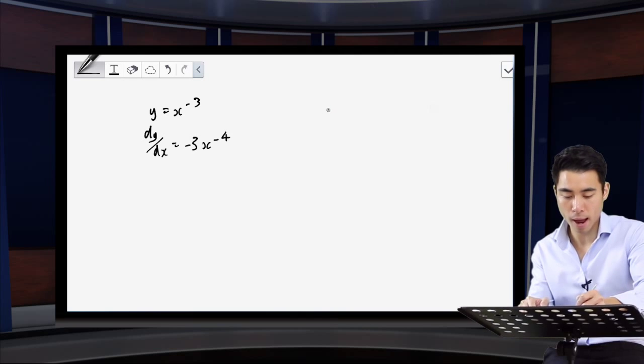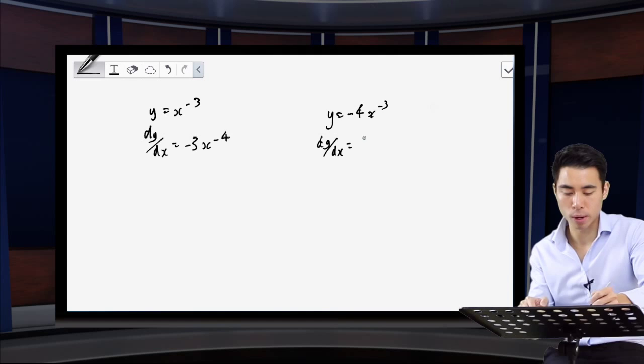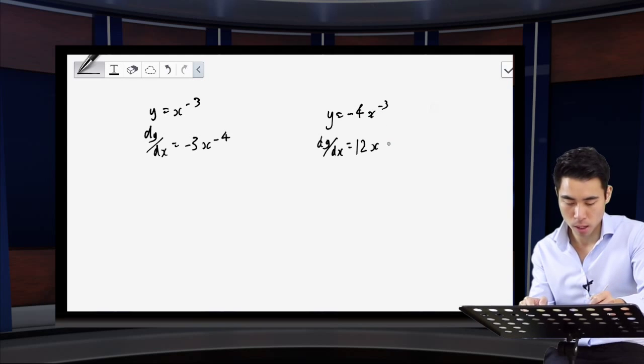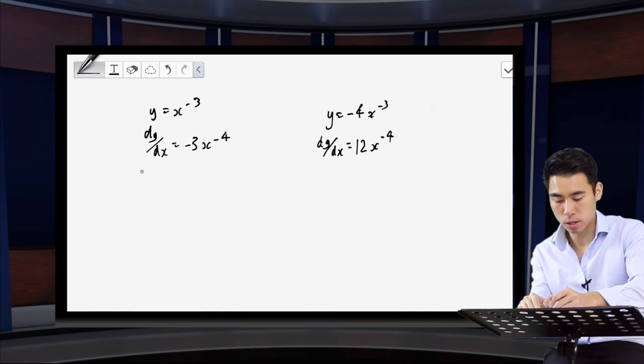But now what happens if I have a negative coefficient, I don't know, minus 4 say, x to the minus 3? Just note here, when I combine these two, when I bring this power down to the front, I have minus 3 times minus 4, which is going to give me a positive coefficient on x. Minus 3 times minus 4 is positive 12, but the power stays the same. So that's what happens when you have negative powers.